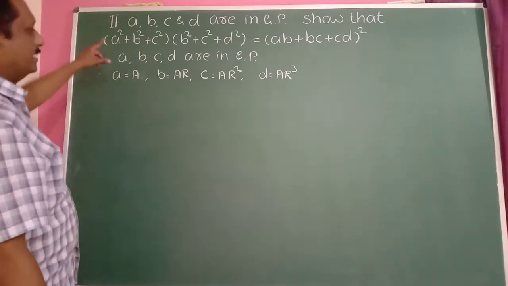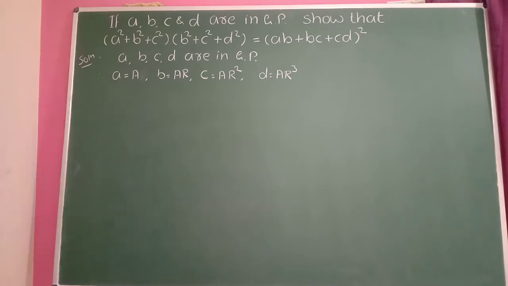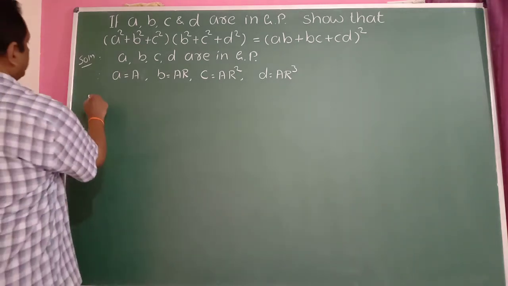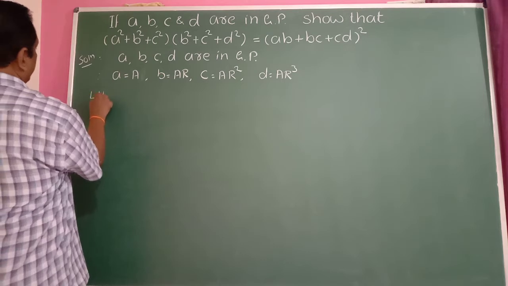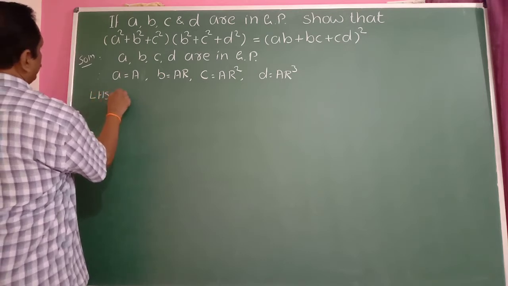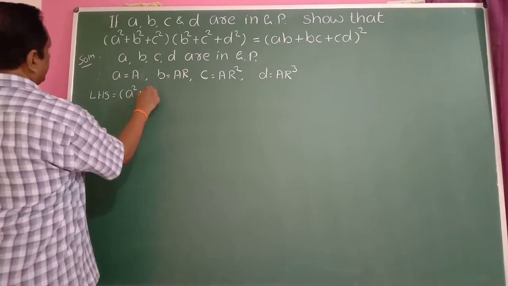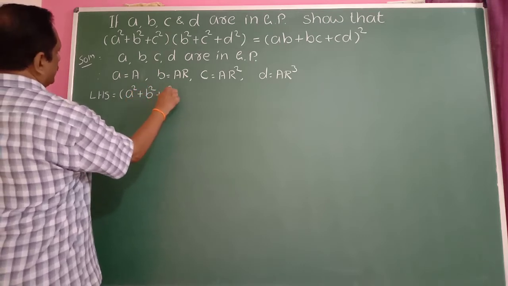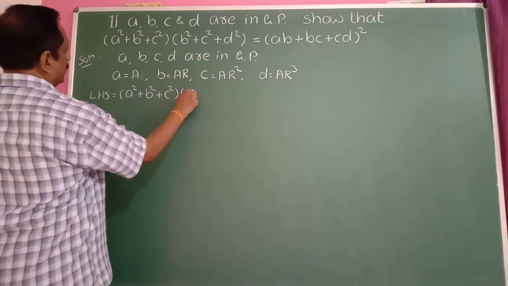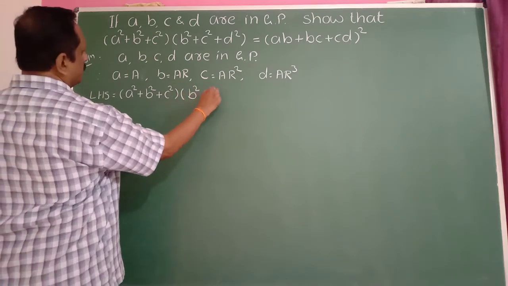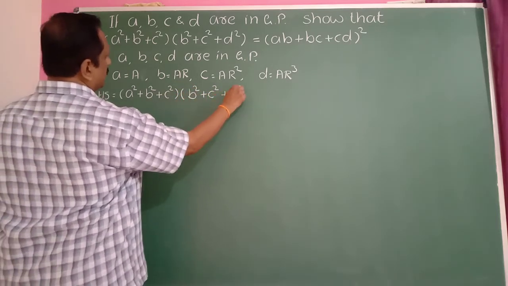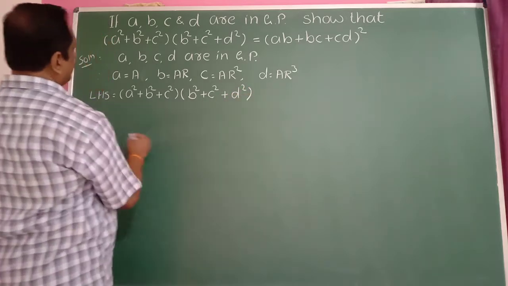Okay, take the LHS first. LHS is equal to (a square plus b square plus c square) into (b square plus c square plus d square).